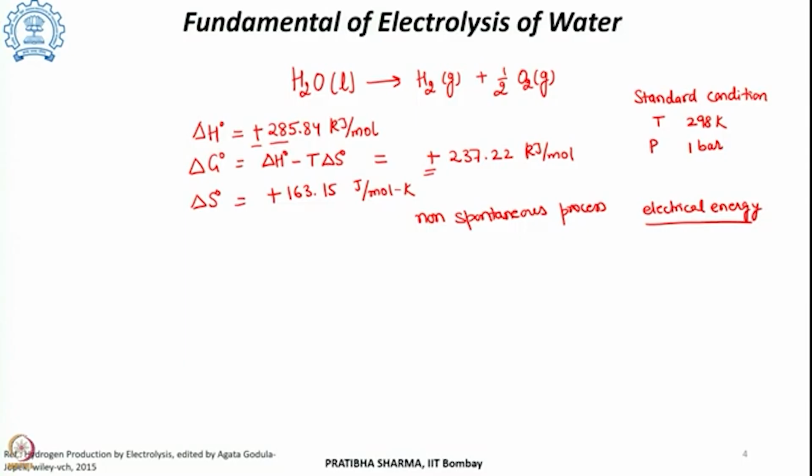Now this is when the splitting up of water occurs when it is in liquid state. Now if it is in vapor state, it splits to give hydrogen and oxygen. For this particular process the value of delta H naught is 241.8 kilojoule per mole.